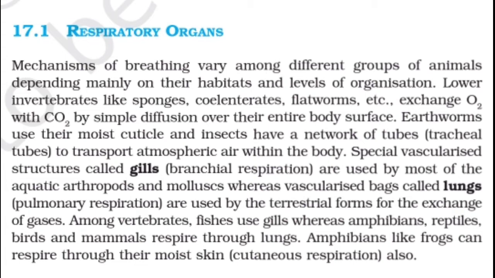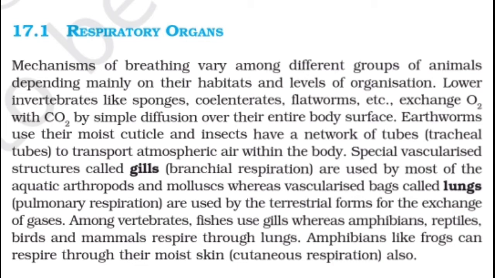17.1 Respiratory Organs. Mechanisms of breathing vary among different groups of animals depending mainly on their habitats and levels of organization. Lower invertebrates like sponges, coelenterates, flatworms, etc. exchange O2 with CO2 by simple diffusion over their entire body surface. Earthworms use their moist cuticle and insects have a network of tubes, tracheal tubes, to transport atmospheric air within the body.